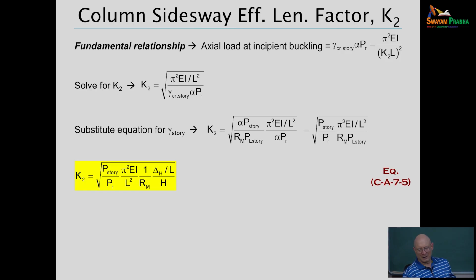And if we write it into the form that you see here, that's one of several equations for effective length factors in sway frames that shows up in the AISC specification commentary. In my view, this is absolutely the most useful of all of them. All of the other ones are fine. It's just, how many different ways do you need to calculate a K factor? I think you only need one, and it's this one.